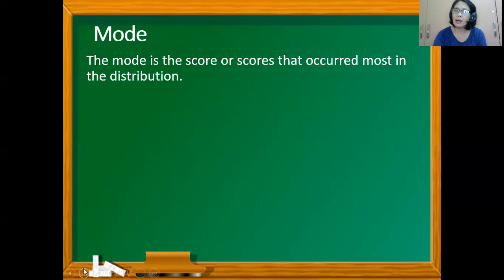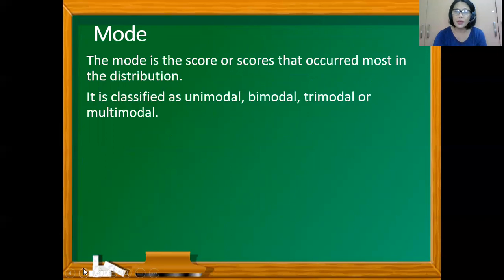Now we go with another measure of central tendency, which we call the mode. The mode, class, is the score or scores that occurred most in the distribution, meaning the mode is a value which has the highest frequency. It is classified as unimodal, bimodal, trimodal, or multimodal. Unimodal is when, from the set of data, we only have one value which has the highest frequency.